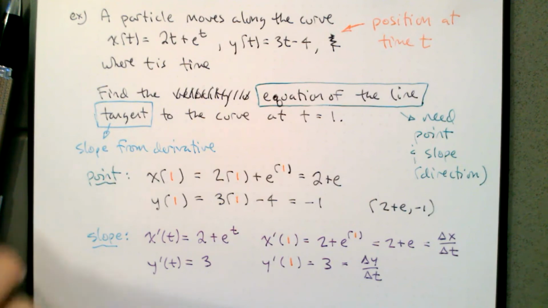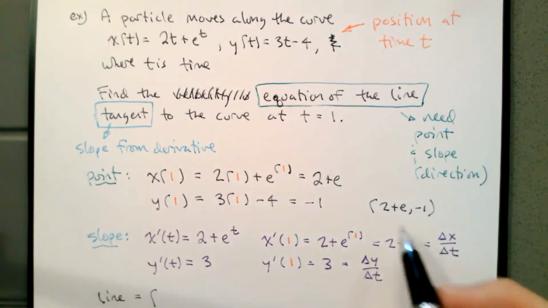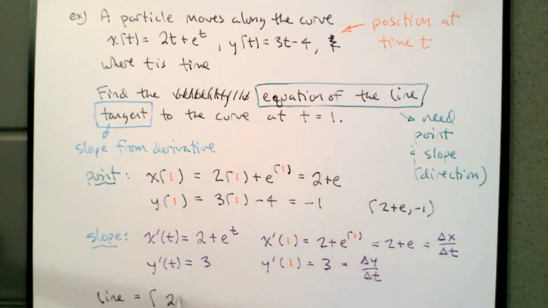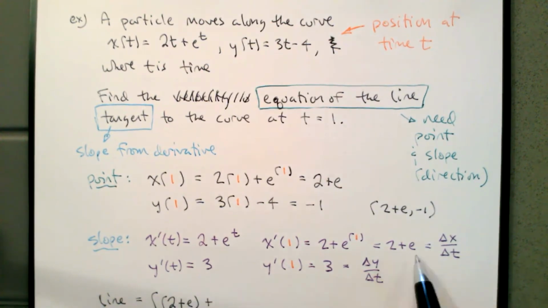So let's do that. So the horizontal part of the line, I'm going to pick my point to start, 2 plus e. That's where it starts. And it increases by 2 plus e.